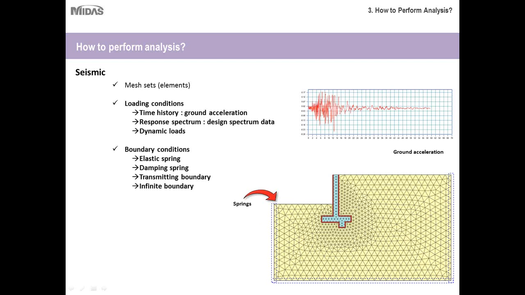So I hope now it is clear that, for the same previous example that I showed you, if you would like to simulate a seismic analysis on it, you have your model and mesh in one place. You can apply the ground acceleration data to the entire structure, and apply boundary conditions at its outer periphery, and you are all set.